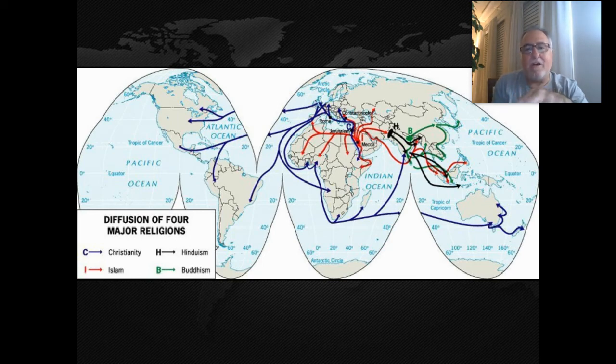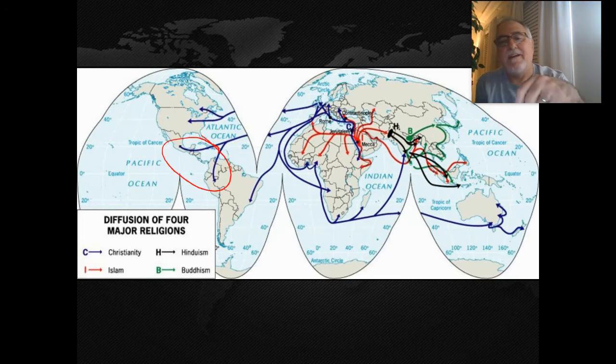Christianity is obviously the most expansive one because of colonization and exploration, with the Spanish first, well, the Portuguese first, but the Spanish trying to make the world nice and Catholic here, and then not so much. The Spanish were much more missionary than the Protestants.